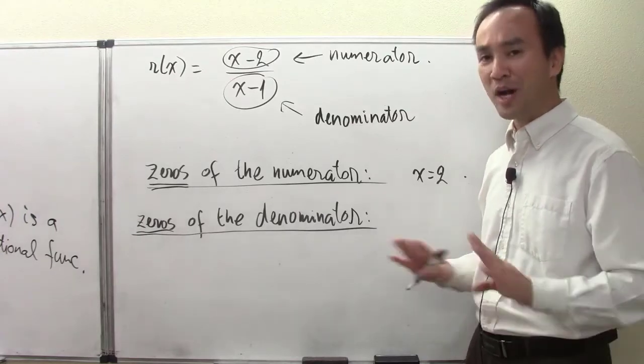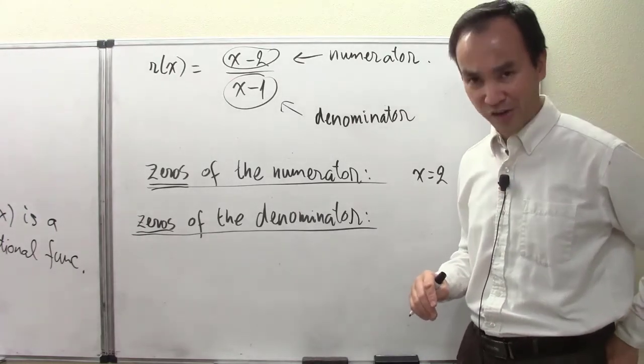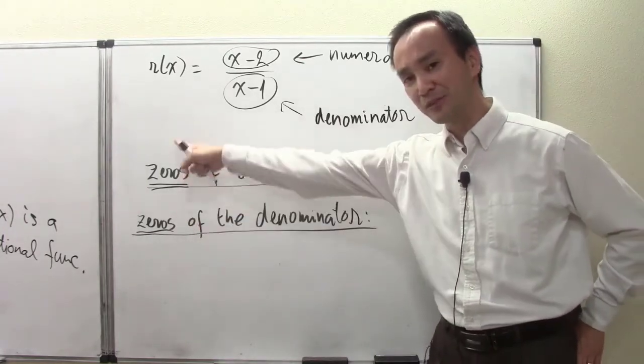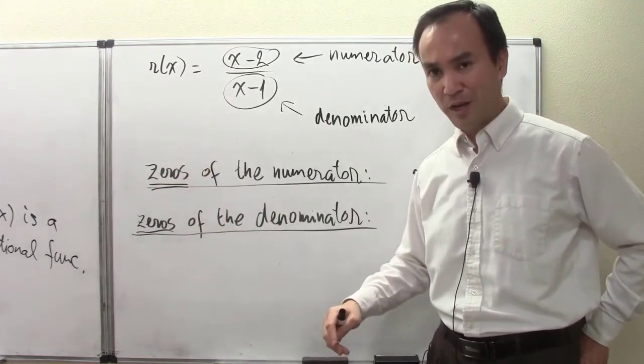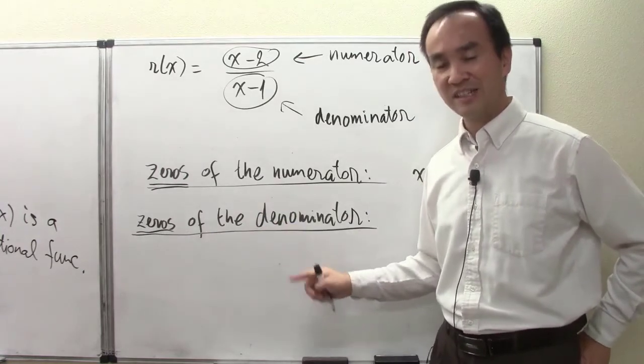There is no way to move on with a rational function before learning about polynomials, because all of these terms here, the zeros or the horizontal intercepts of a polynomial function, you must be familiar with before we get to learning any of these.